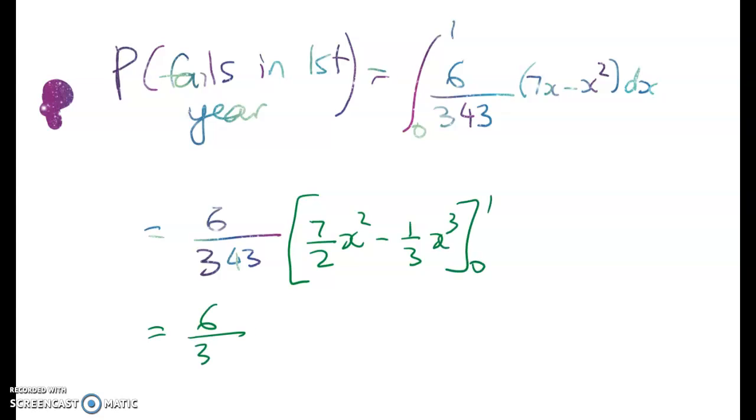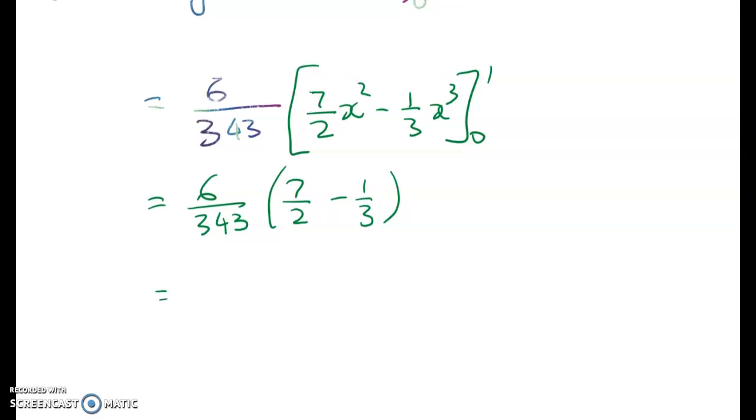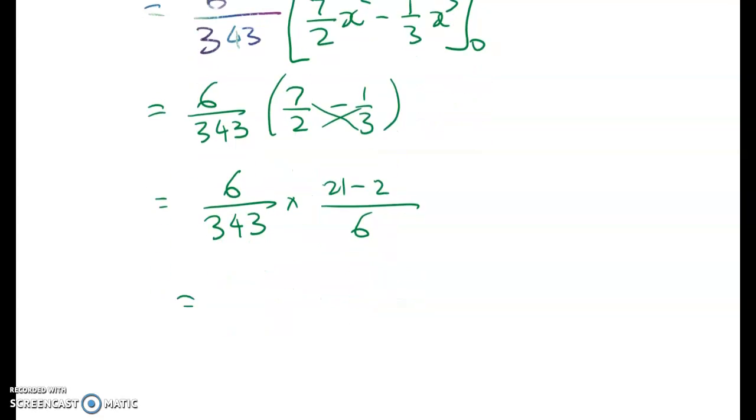So that's 6 over 343 times 7 over 2 minus 1/3. Chugging that through gives me 6 over 343 times 21 minus 2 over 6. So that gives me 19 over 343. That's the probability of failing within 1 year.